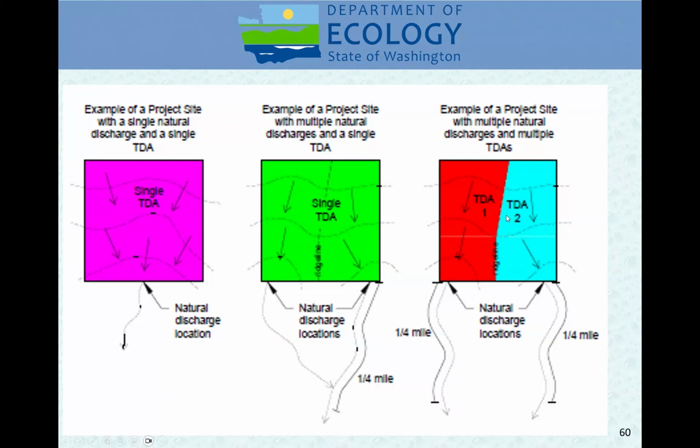Looking over the right-hand side here, if you have a site that has a ridge line down the middle and half drains to one location and half drains to another location, and those two locations don't come back together for a quarter mile, the shortest distance is a quarter mile, then you have two separate TDAs, and you look at minimum requirement number 6 and number 7 independently for those two TDAs.